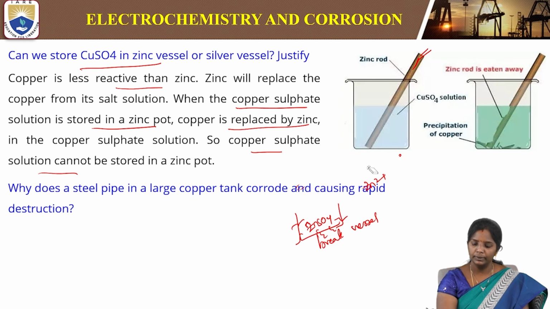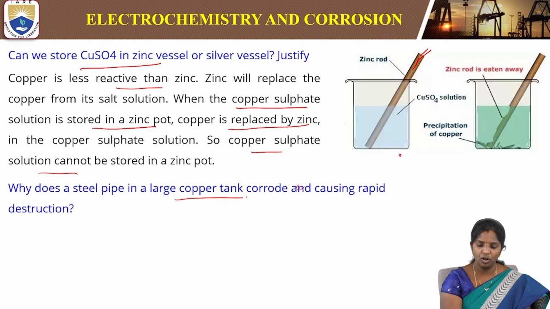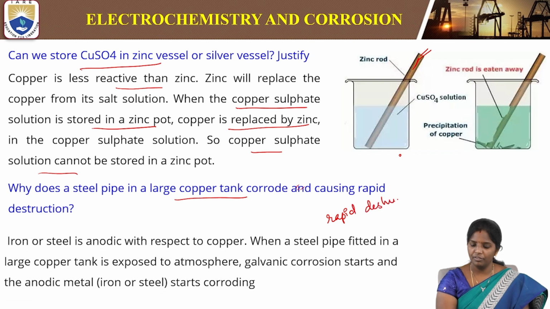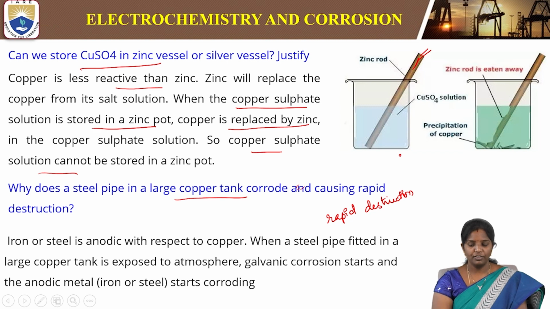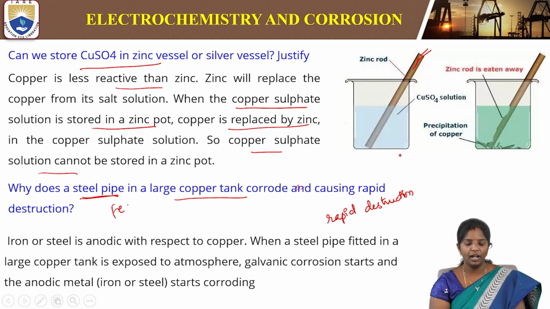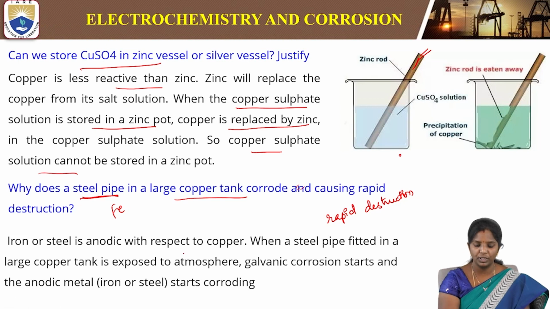Next one is, why does a steel pipe in a large copper tank corrode and cause rapid destruction? Rapid destruction happens to the steel rod that is kept in the copper tank. If you see, the steel pipe is nothing but made up of iron. So iron is anodic in nature with respect to copper.